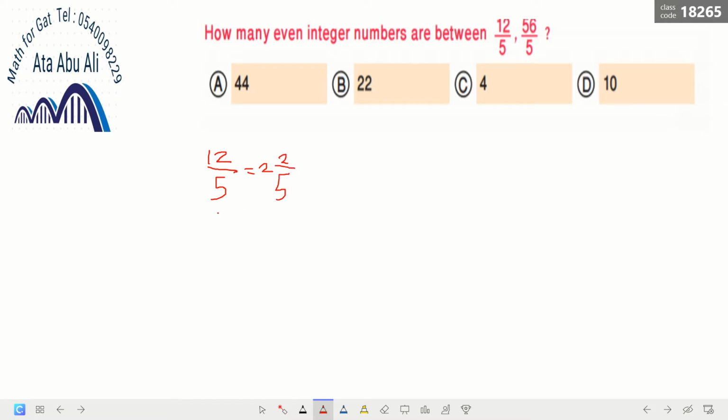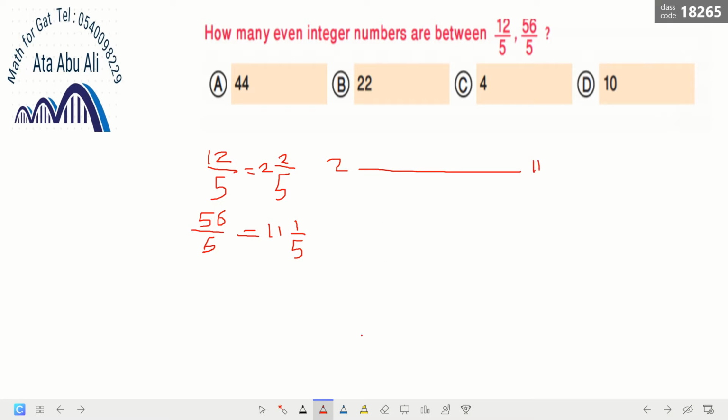And 56 over 5 is equal to 11 and 1 over 5. So we need all the even numbers between. We have to take 2, okay, because it's outside here, and 11.